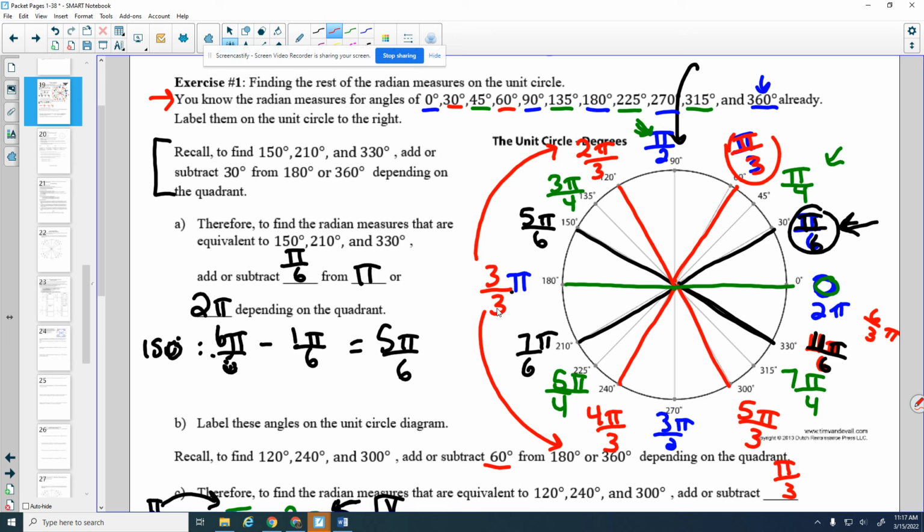So if I made this 4 over 4, which would also be equivalent to 1, I subtract 1/4 and I get 3/4. I add 1/4 and I get 5/4. 2 would be 8/4, and I subtract 1/4 to get 7/4. So the green ones are also consistent in terms of using that method I used for finding the pi over 6, or using the pi over 6 to find the black answers, and using the pi over 3 to find the red answers.